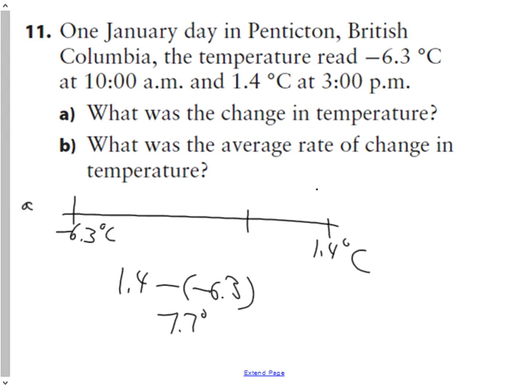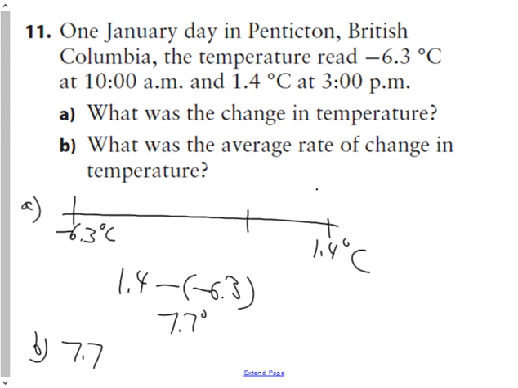Now the second part, B, is a little bit different because we're looking for the average change in temperature by hour, right? So between 10 o'clock and 3 p.m. So we've got 11 a.m., 12, 1, 2, 3 p.m. We have 5 hours difference.